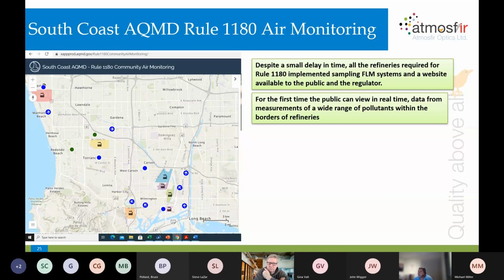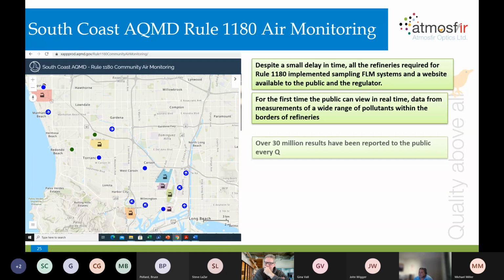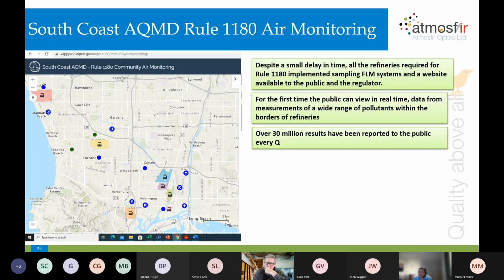And that gives the public, for the first time, the ability to get information about the pollutants on the borders of the refineries, what's going out of them, or what's going into the refineries. We are talking about a huge amount of data, over 30 million reported results every quarter to the public.